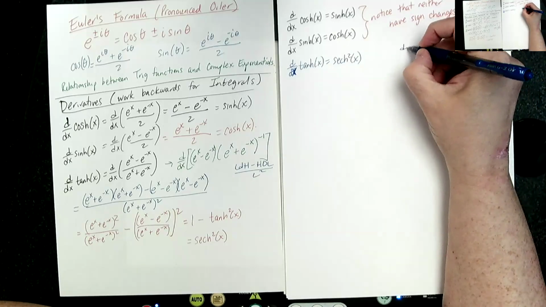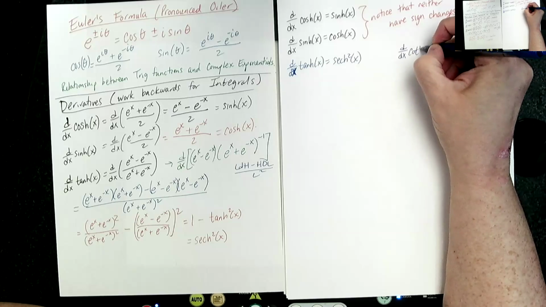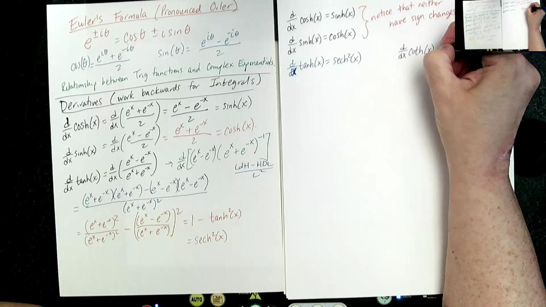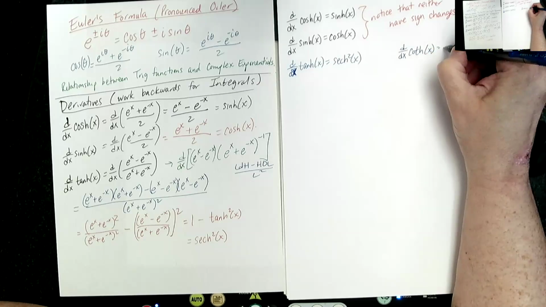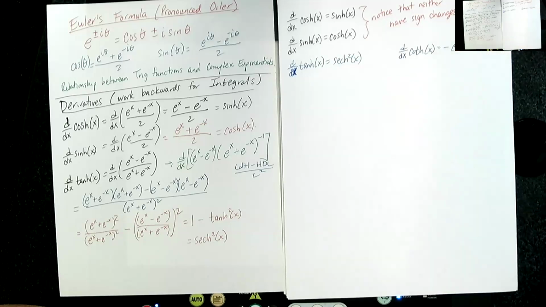We do d/dx of coth. Need an H there. It's the hyperbolic cosecant one squared. This one does have the negative. In fact, the remaining three have the negatives. All your inverse or your flipped ones have the negatives.